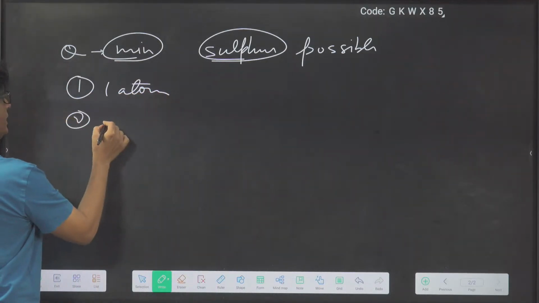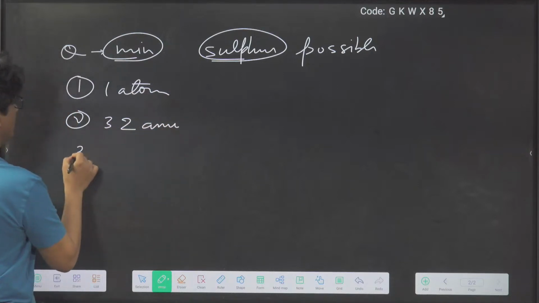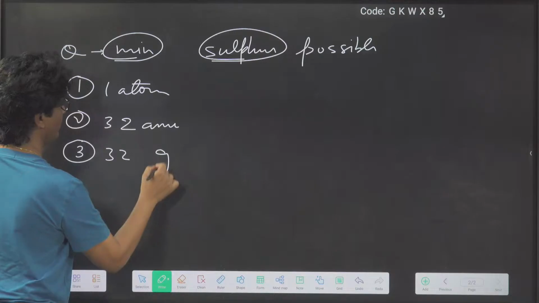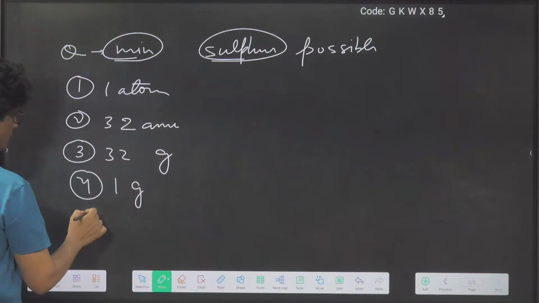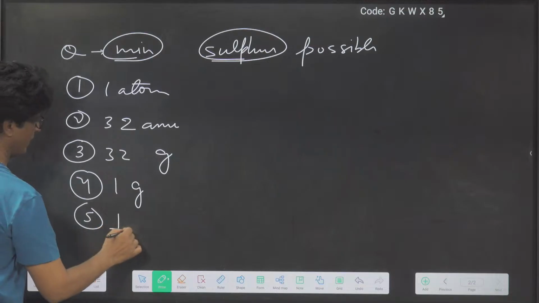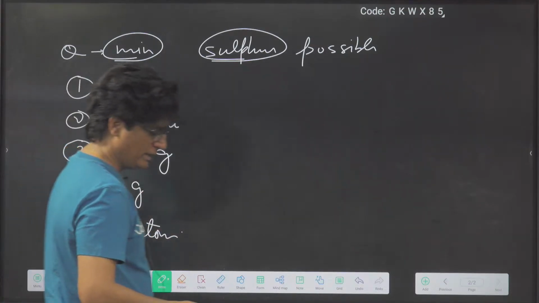The second is 32 AMU. The third is 32 gram. The fourth is 1 gram. And the fifth I'm giving you is half an atom. So which do you believe is the correct answer?